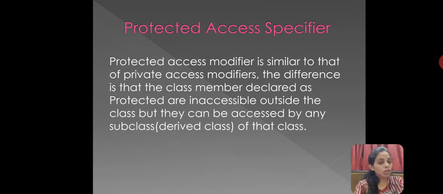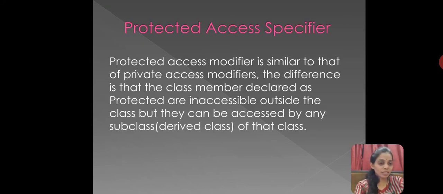But what is the difference? The difference is that class members declared as protected are inaccessible outside the class. Outside the class they cannot be used. But they can be accessed by any subclass of that class. So what I said, we will use protected in the inheritance chapter.